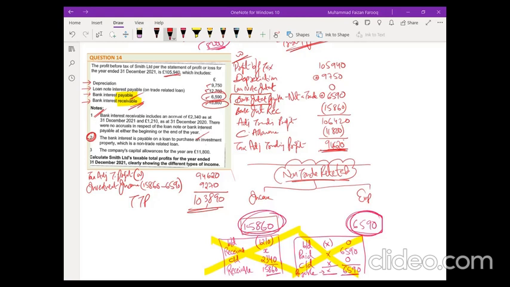There is no cash basis for a company. Second, for individuals we are using tax year, but for the companies, there is no tax year. We will use the accounting period. These are the two important differences.